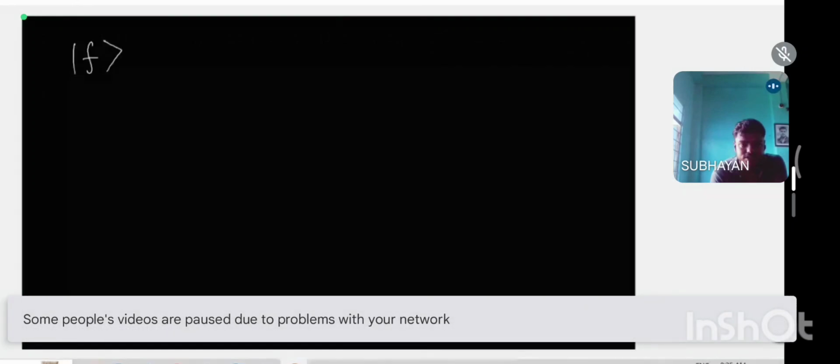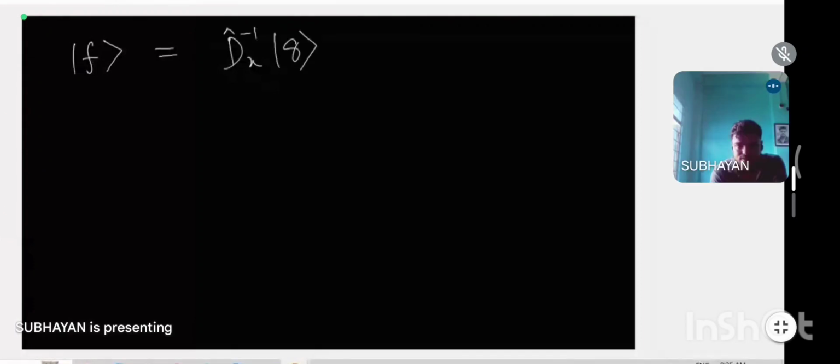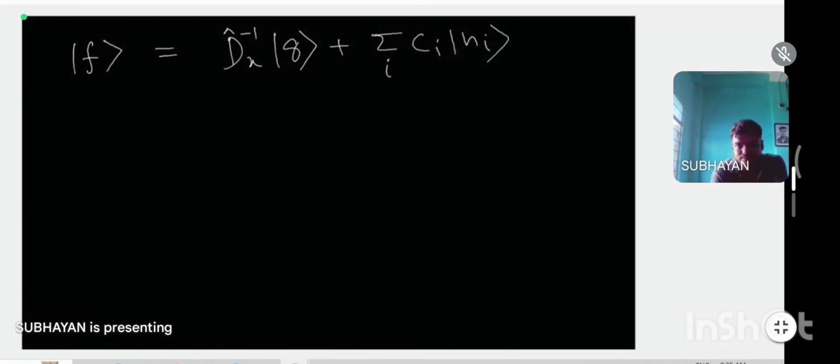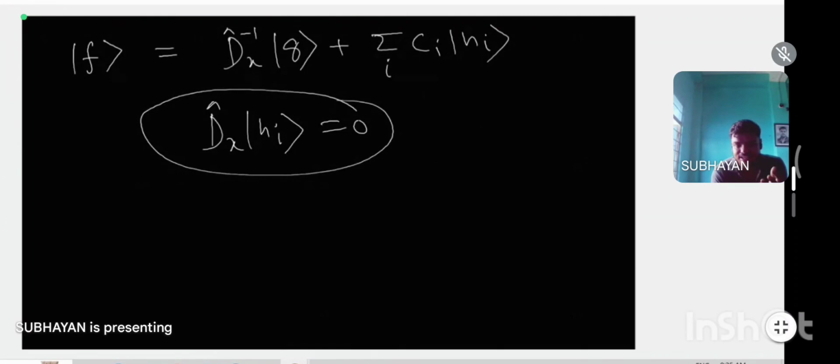Now the general solution is f equal to d inverse of z plus summation over i ci hi, and this hi will satisfy dx of hi equals 0. So this is the homogeneous part of the equation, dx of hi equal to 0.